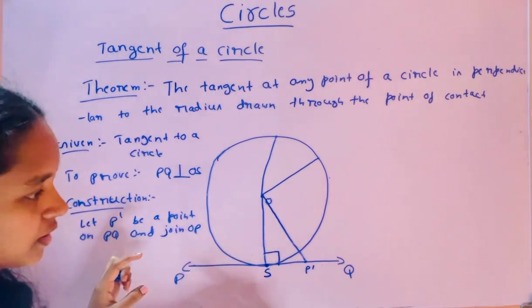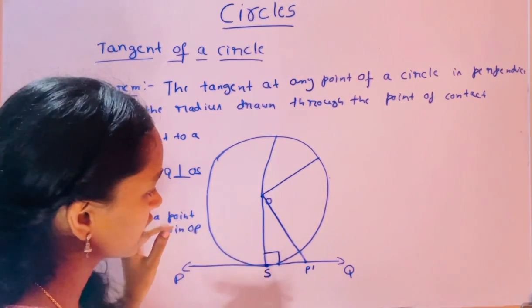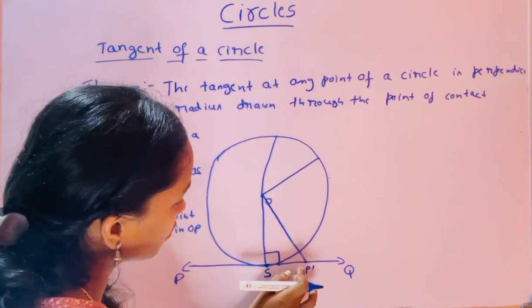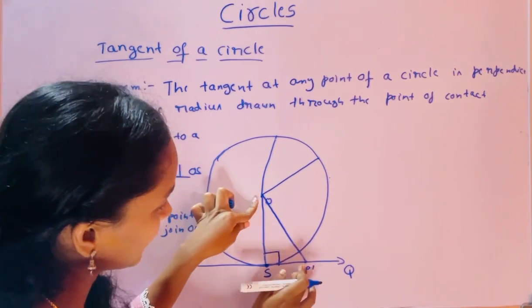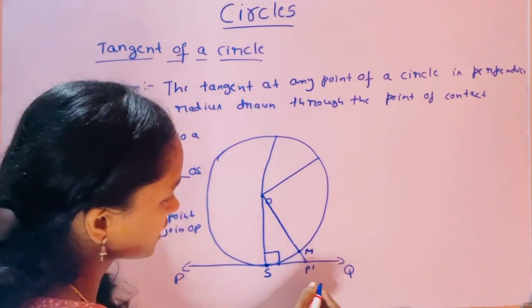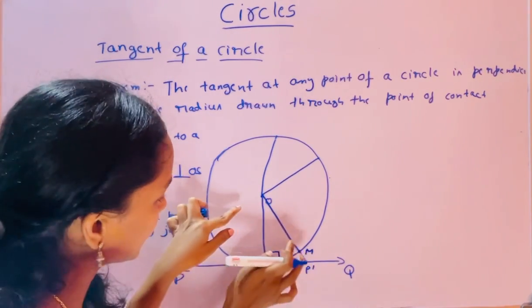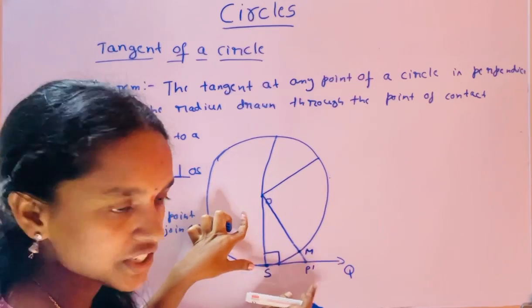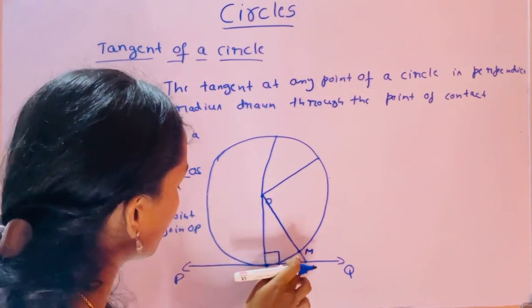See here, if we think logically, we can say OP dash is greater than the radius of the circle. Let it be M. See, OP dash is greater than OM, that is, the length of OP dash is greater than the length of OM.